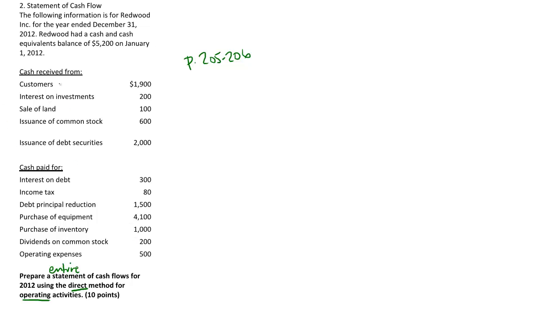So cash received from customers, we would count that as operating. Interest on investments is going to be operating. Sale of land. Land is a fixed asset, so you'll expect that to be in investing. Issuance of common stock is financing. Issuance of debt security, financing.